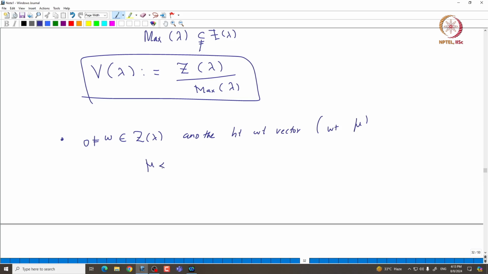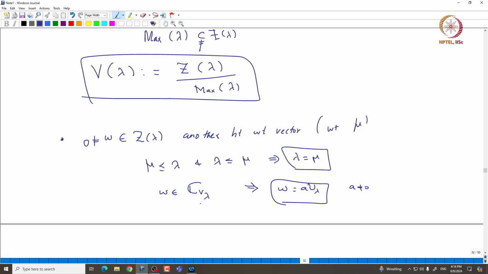Then it is immediate that mu must be less than or equal to lambda and lambda must be less than or equal to mu, and that will force lambda equal to mu. Now because lambda is mu, W must lie inside this one dimensional space C v lambda, that will force that W is some non-zero scalar multiple of v lambda. So up to scalar multiple there is a unique highest weight vector, or maximal vector.